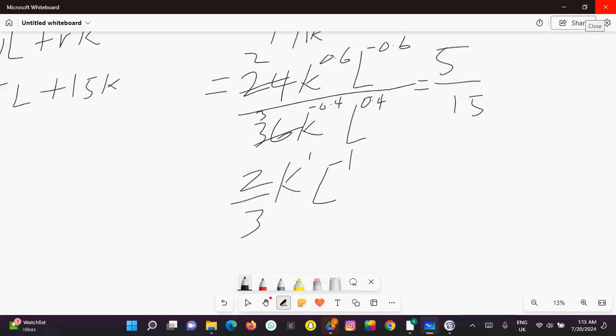For the second part, L is negative 0.6 minus 0.4, which is negative 1.